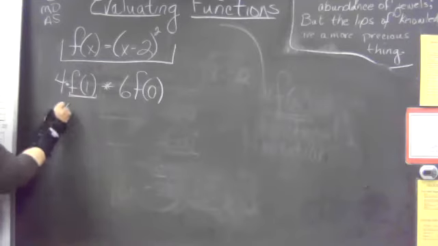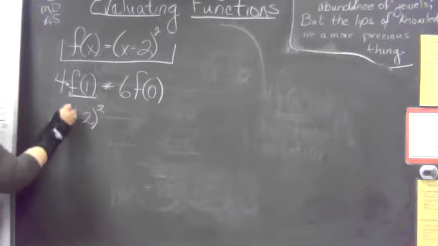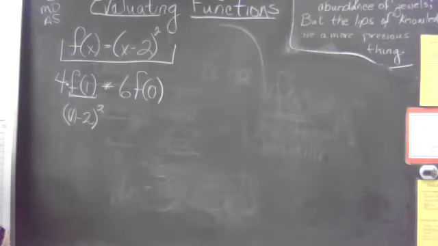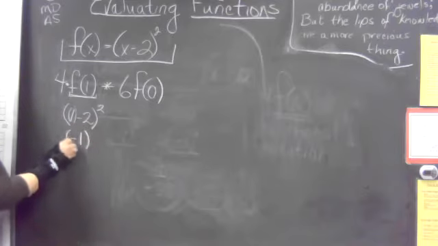So I have 1 minus 2 squared, because I plugged a 1 in where the X is, okay? So 1 minus 2 is a -1, and I'm going to square that.